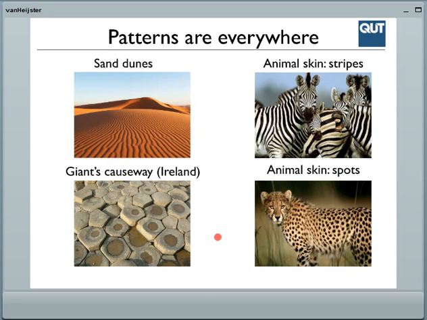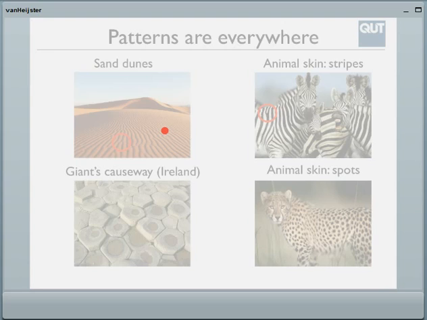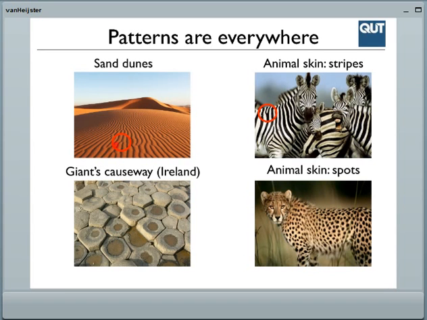So these patterns are everywhere. Zebras and sand dunes are of course different, but we see the same sort of stripe solutions. We also see the same sort of what I call defect solutions. Here, we see two stripes coming together and becoming one stripe. We see something similar here on the zebra, where you have two stripes which then align and become one stripe. These are things I can describe, what's going on here.